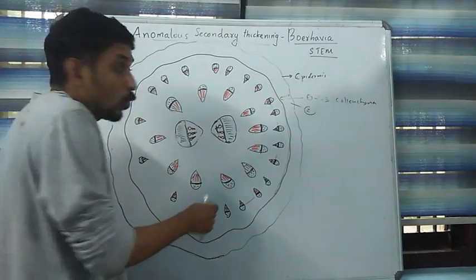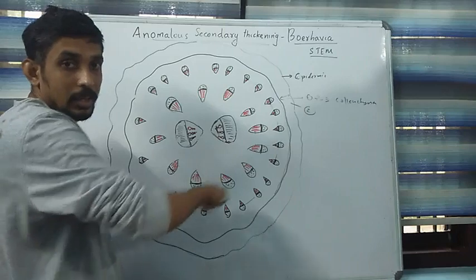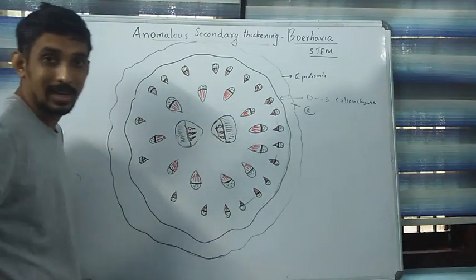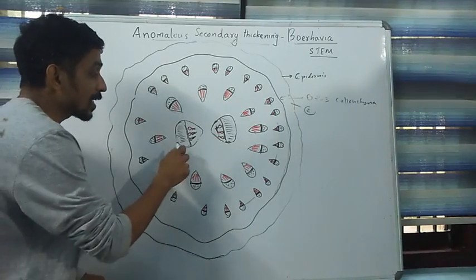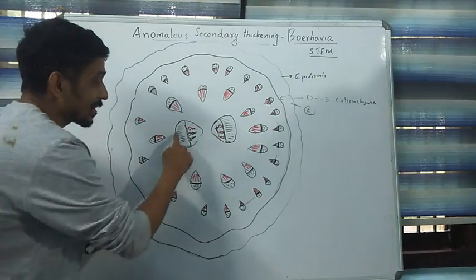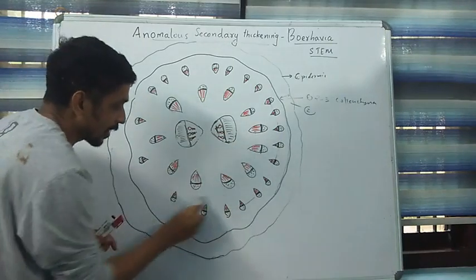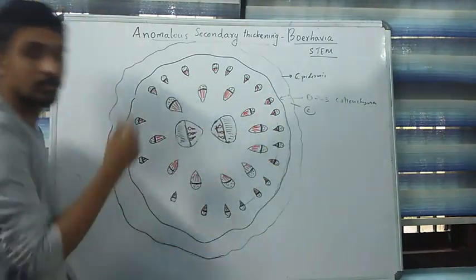When we move into the innermost region, inner to that pericycle, you can see a lot of vascular bundles. These vascular bundles are arranged in 3 rings. This is the first ring, this is the second ring, and this is the third ring.